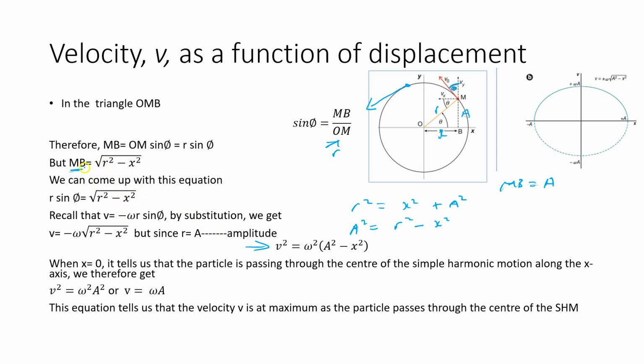So we have come to a point where we said that MB, which is the amplitude, is equal to R sine theta. By equating these two things, we're saying that R sine theta is equal to the square root of R squared minus X squared.